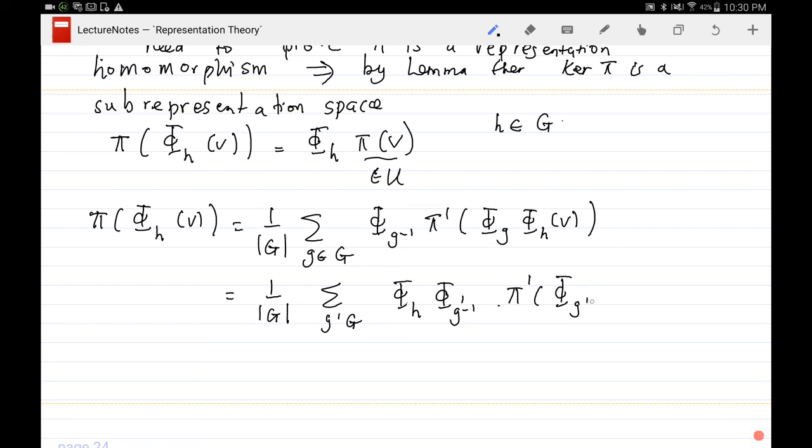So what I did was I redefined my summation. Rather than summing over g, I'm summing over g prime. And I'll leave you to figure out why I did that. It should be very easy to figure out.